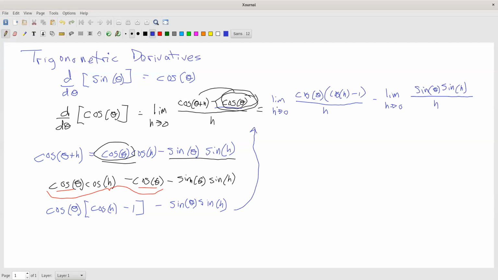And I can clean this up further. The cosine of theta here has no h in it, so it can pop out of the limit. The sine of theta here has no h in it, so it can pop out of the limit. So as far as the limit is concerned, sine of theta is a constant. As far as this limit is concerned, cosine of theta is a constant, and we know we can put constants out of limits, so I can rewrite this again.